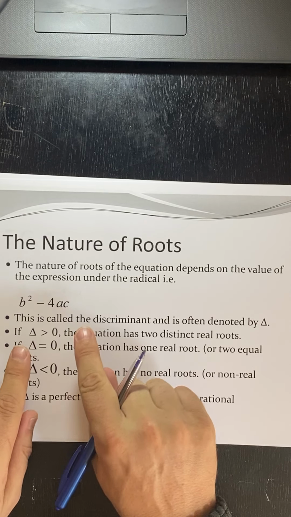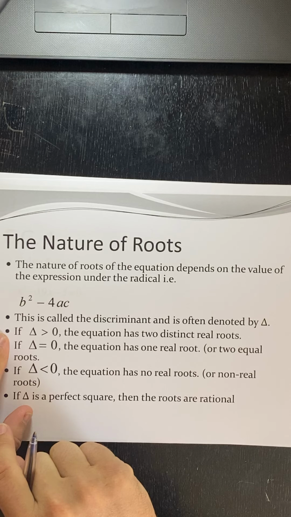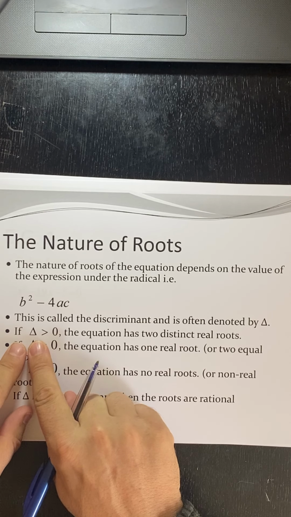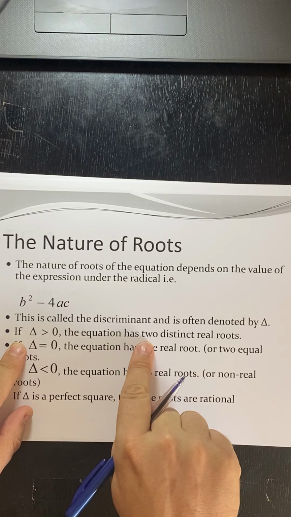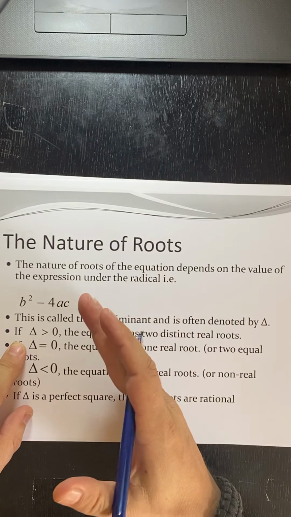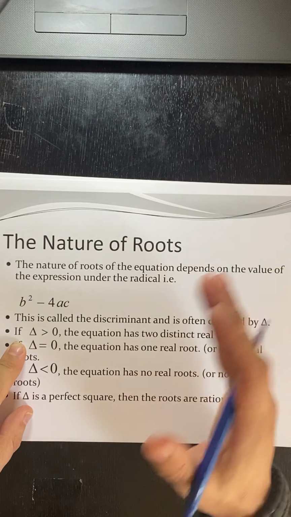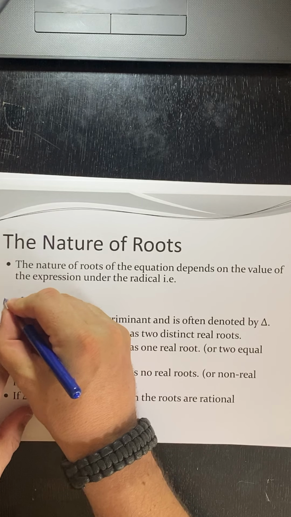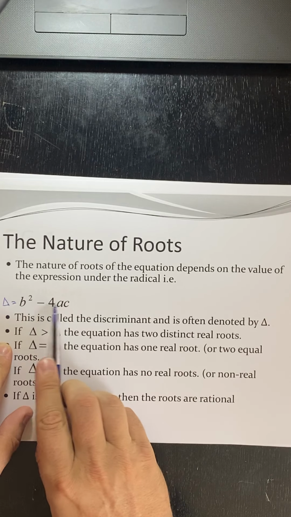If b squared minus 4ac comes out to be greater than 0, the equation has two distinct real roots. So you'll have something like x is equal to 3 or x is equal to 8. They're two different roots. Also remember that we call this thing delta, or the discriminant.